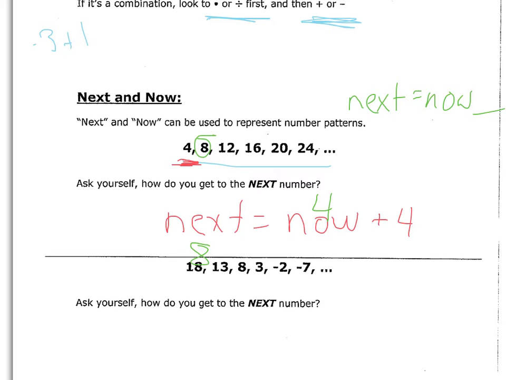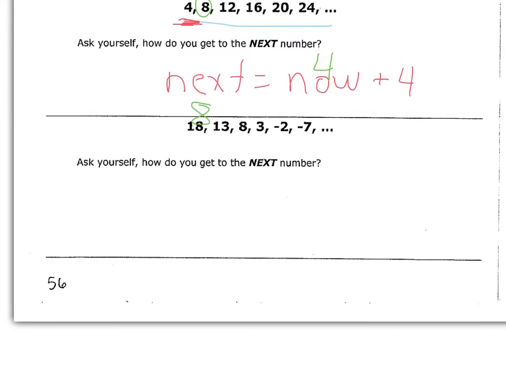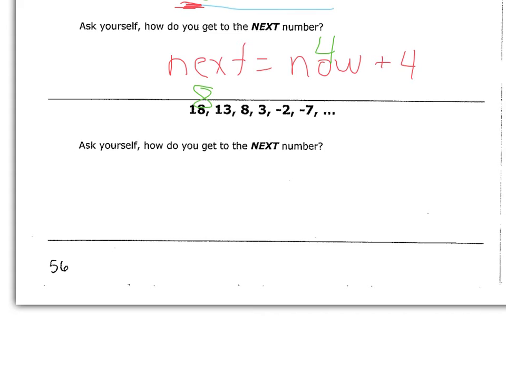So let's try a few more. This time we have 18, 13, 8, 3, negative 2, negative 7. So what's the pattern? What's happening every time? Well, of course, it's going down by 5 every time. So our next and now equation: next equals now, and then plug in your pattern.